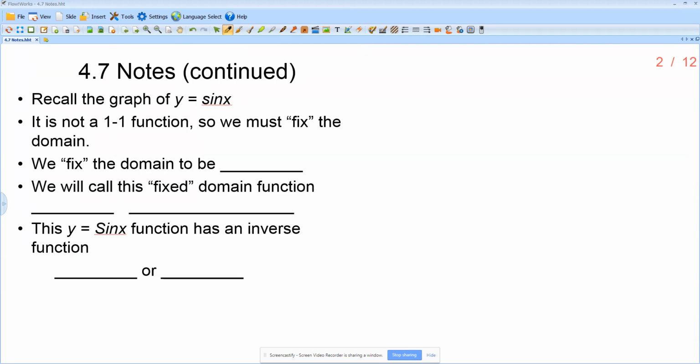So if we think about the graph of y equals sine x, here's y equals sine x. Looks something like that. There's two full periods of it. It is not one-to-one, because if I draw this horizontal line, it passes this more than one time.